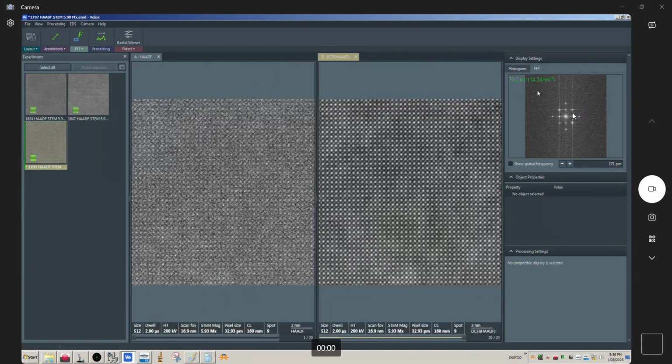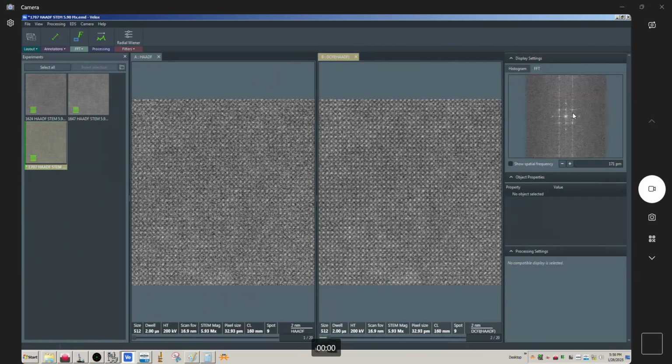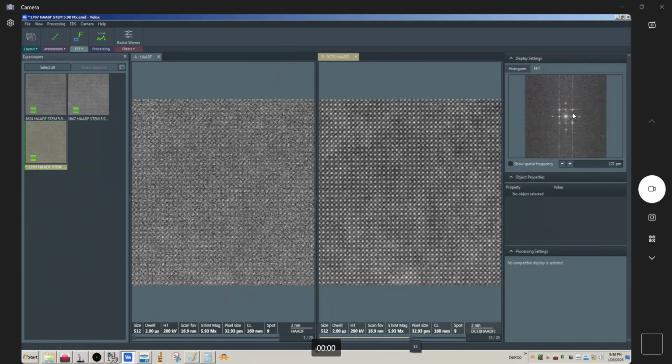Okay, looks much better. If you look at the FFT, I'm actually seeing better detail in the FFT here than I was at 1K by 1K, right? And if we actually cycle through each of the frames here, you can see those are adding together really, really well. Okay, again, this is non-corrected, right? So it's not going to look as good as what we get in a corrected tool, but you can see how well this works, or that this can be effective.